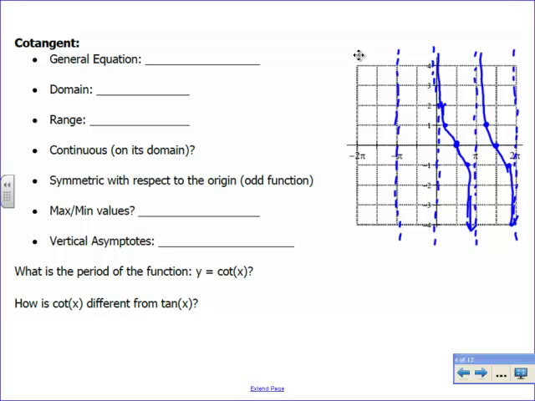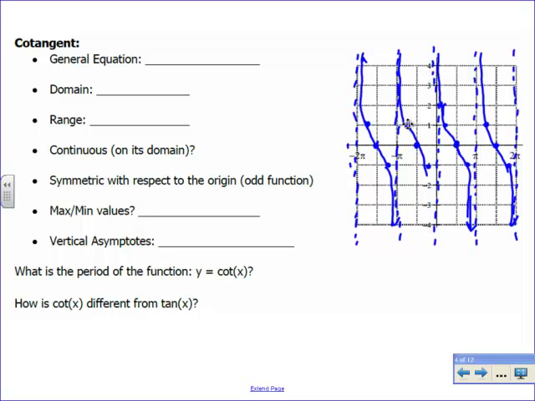So fill in those asymptotes at every pi. Your zeros should be right in between. You should go up to positive 1, down to negative 1, up to positive 1, down to negative 1. And those dots should just be connected with your lines going toward those asymptotes.